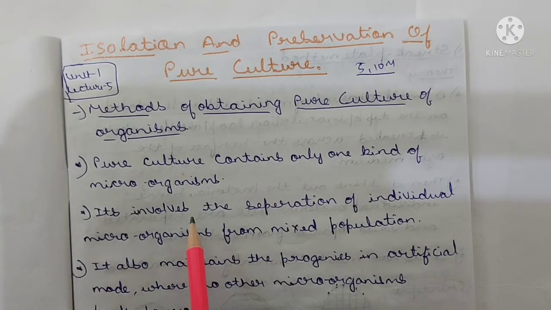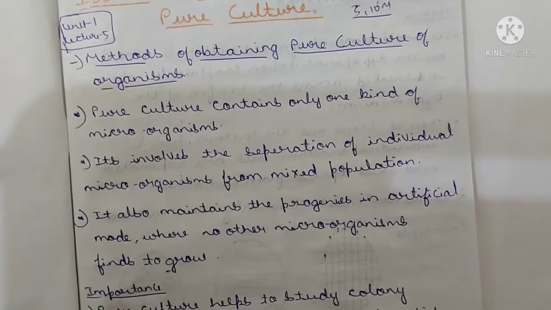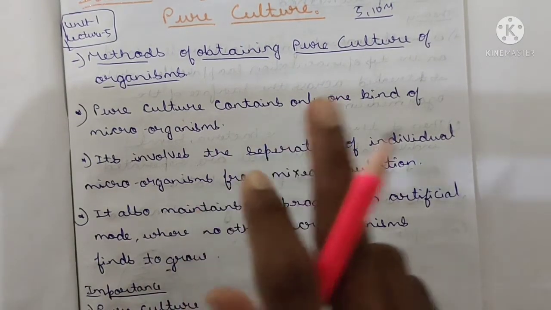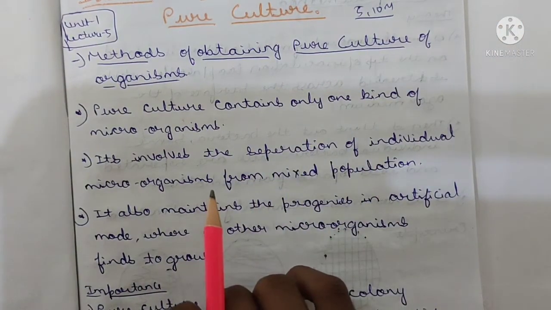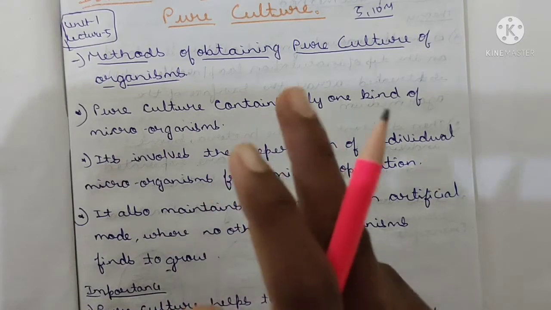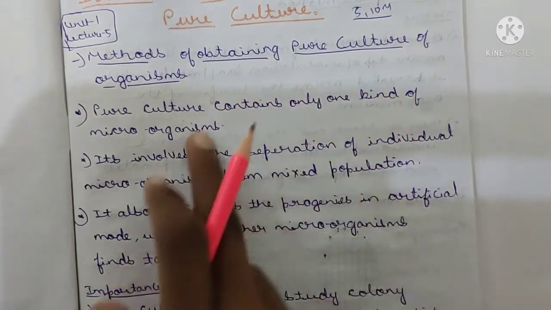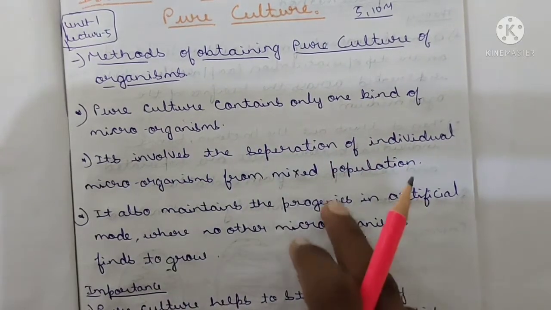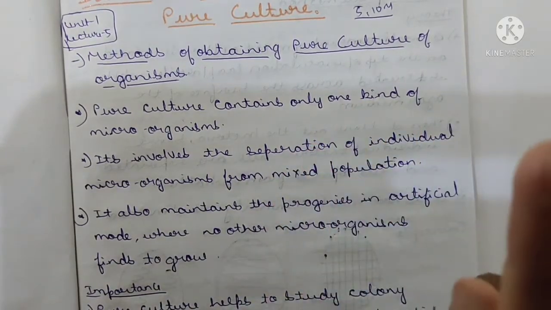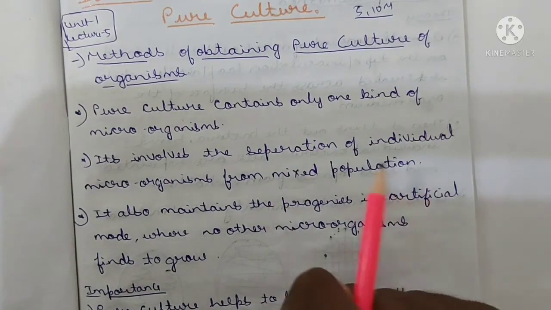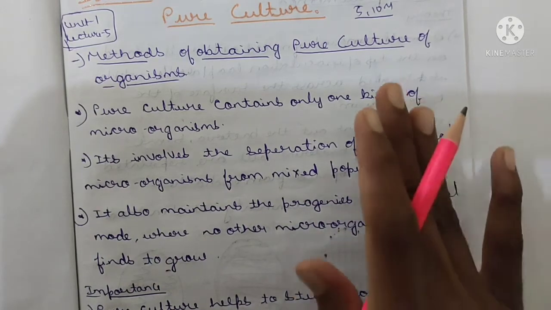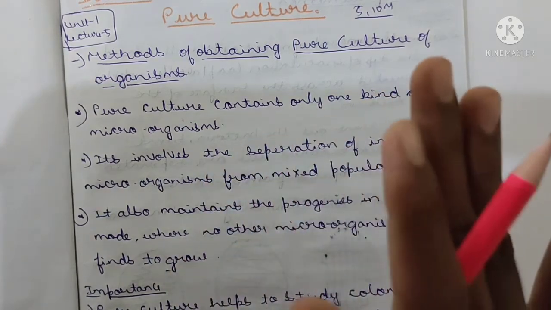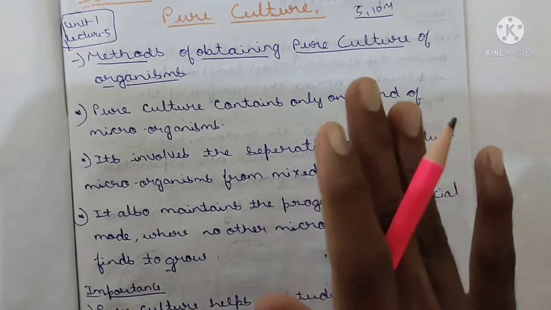Here are some of the methods, my dear brothers and sisters, for obtaining the pure culture of an organism. See here, a pure culture contains only one kind of microorganism, only one in the whole agar or in the whole medium. A pure culture means it contains only one type of microorganism, a single unit kind of microorganism.